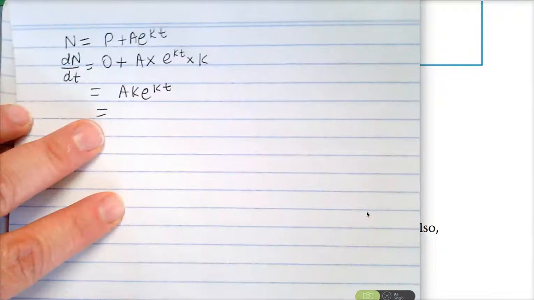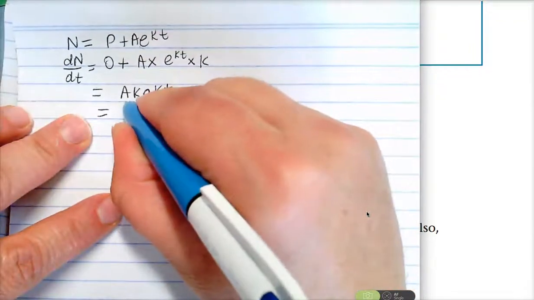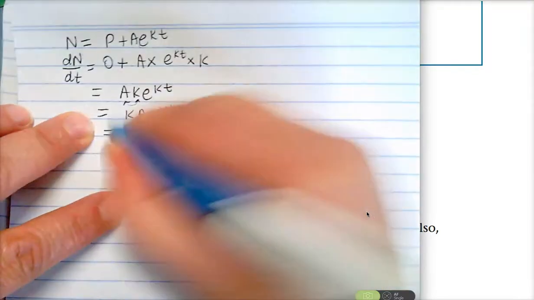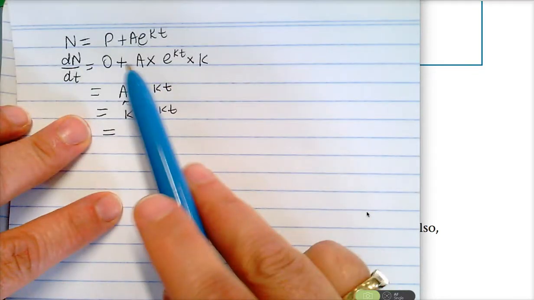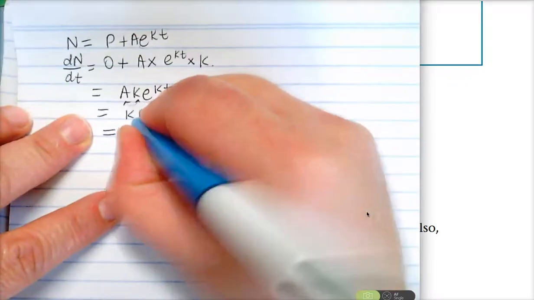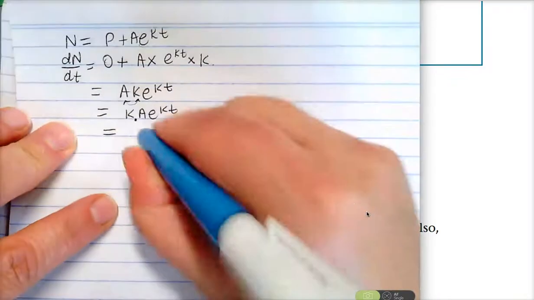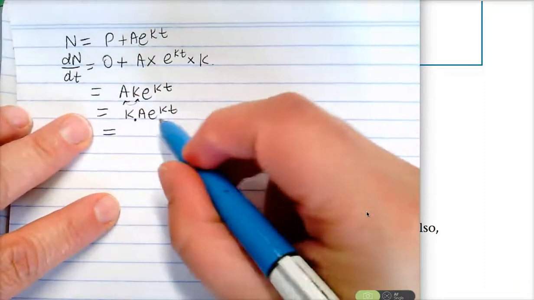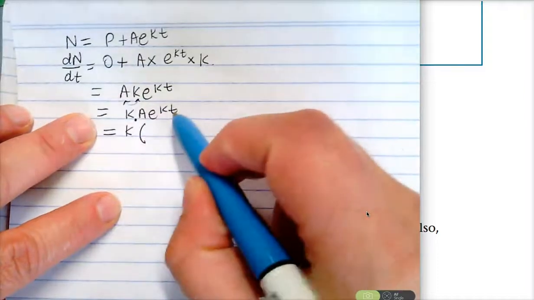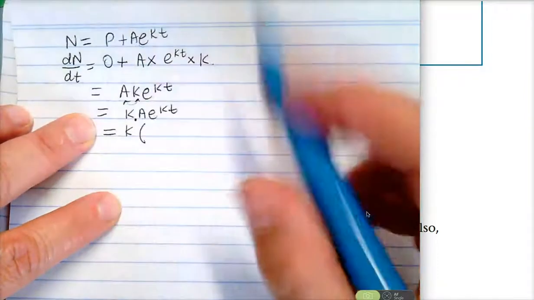Now I'm going to swap these 2 around, k a e to the kt. So you've got a k e to the kt. I want to write it as k times ae to the kt. Now we know that ae to the kt, isn't that just n minus p?